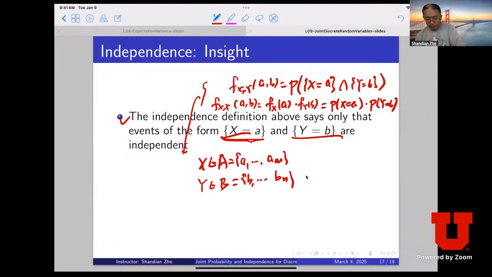So X belongs to A and Y belongs to B are different events. It's not just X equals a single value. Actually, it means X can be a subset of values, right? So we can show that as long as X, Y are independent, these two events are independent as well.